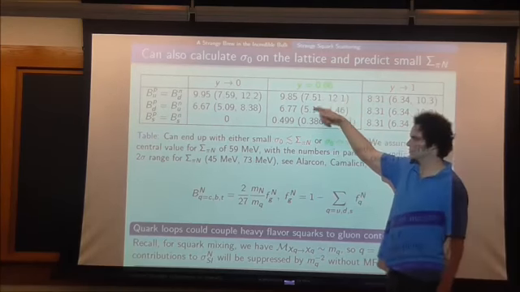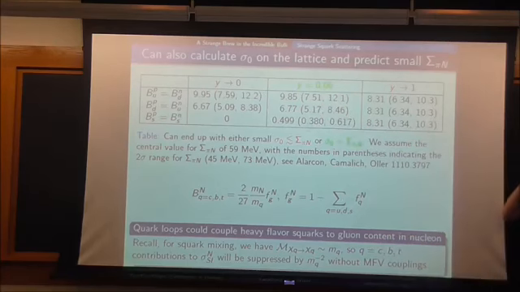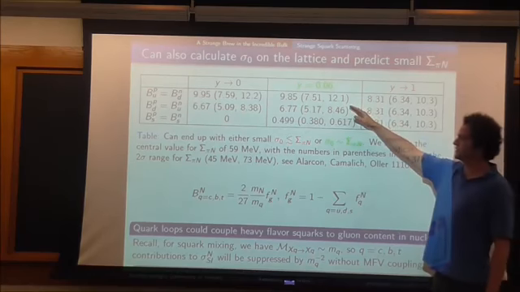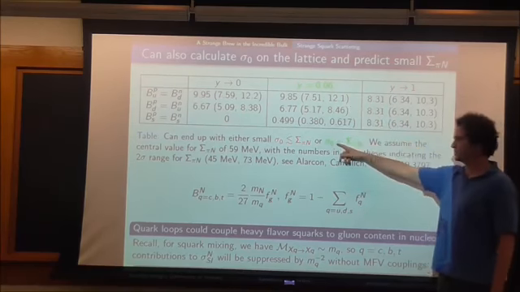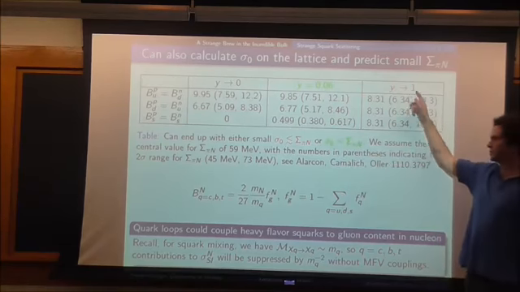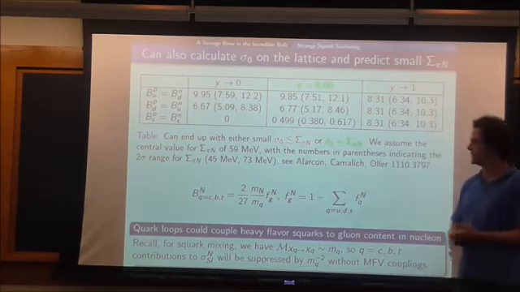So the first two rows are your first and second generation nucleon form factors. On the left, you have small strangeness content, which is a situation where sigma naught is close to sigma pi n. On the right, you're going towards large strangeness content, so you have a small sigma naught.